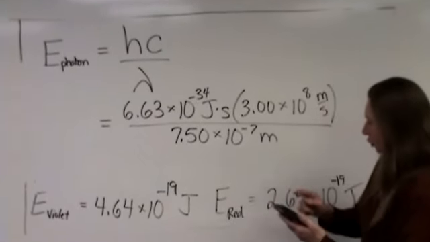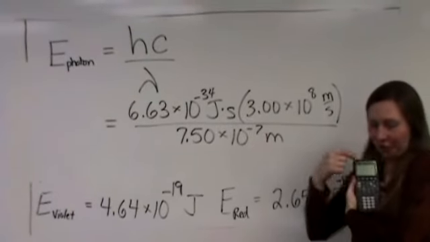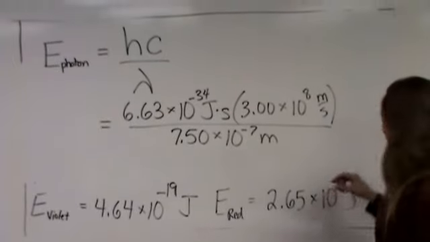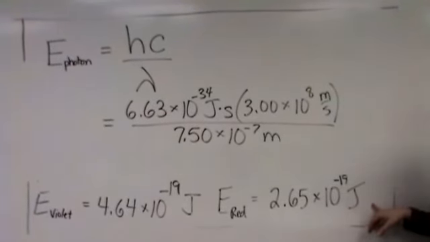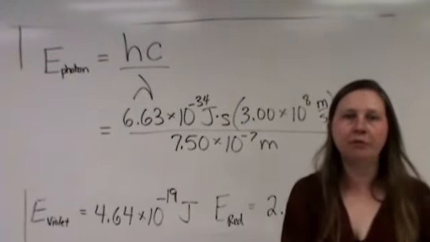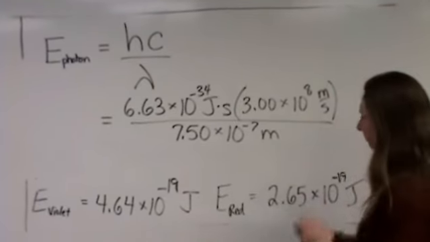And I'm getting 2.65. Look, see? 2.65 times 10 to the negative 19 as the energy of the red photon.